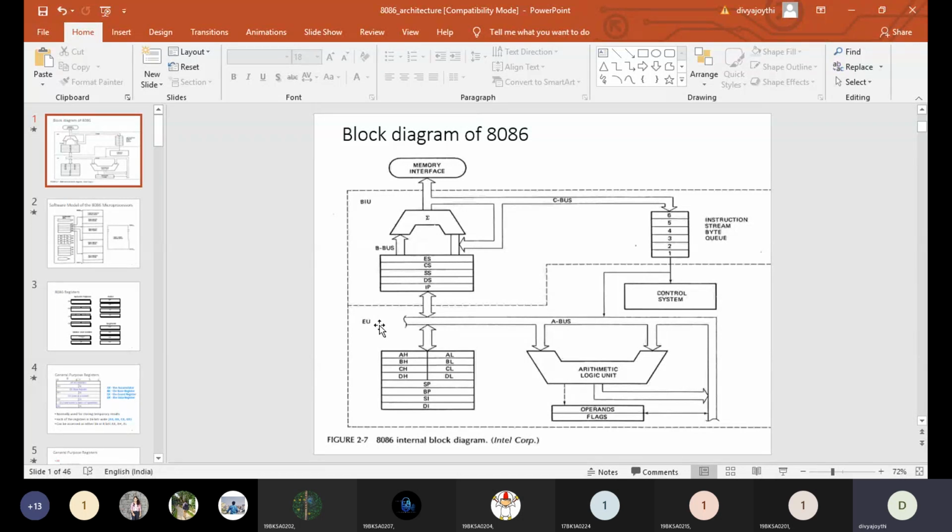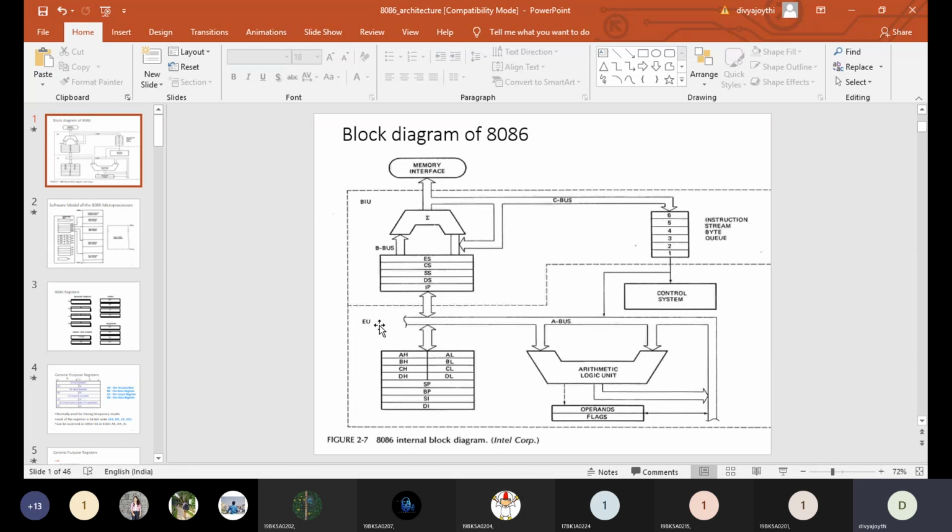Pipelining is nothing but when the processor is executing one instruction, at the same time, if the processor can get the next instruction which is to be executed, then that process is called pipelining. In a simple way, we can define pipelining as the process in which the execution unit is executing an instruction at a time while the bus interface unit is fetching the next instruction.